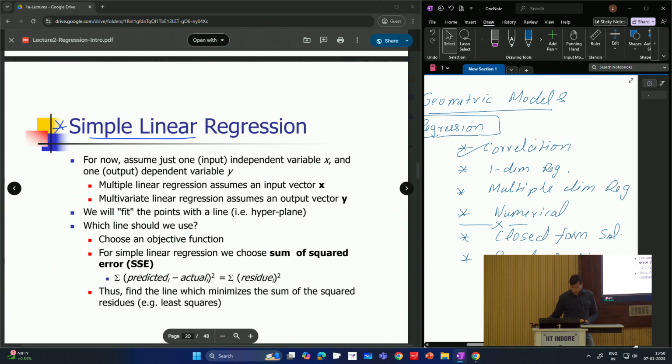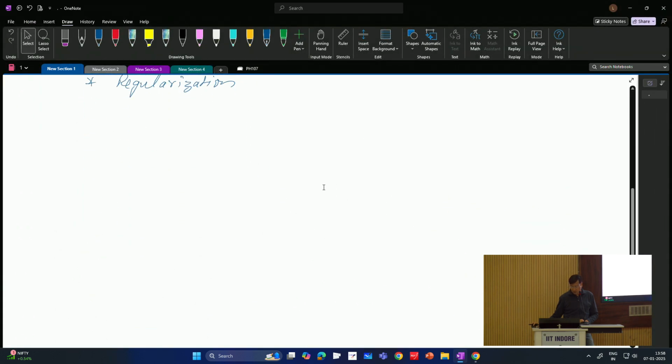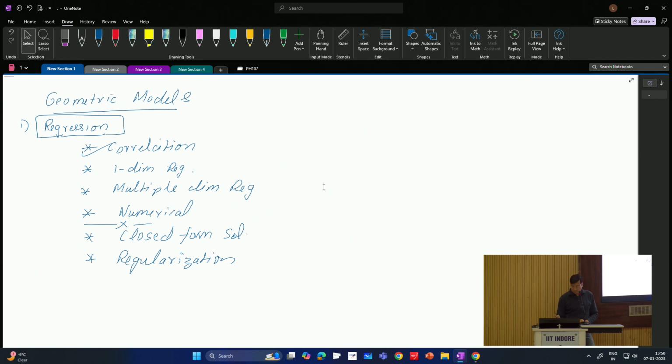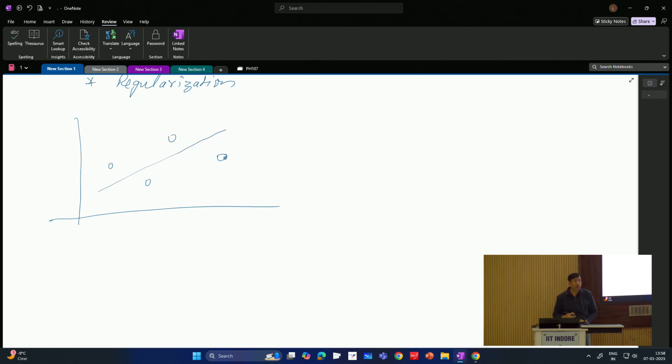Okay, now before I tell you about the sum of squares, I'll make this slightly bigger so that you can see. Let's say these were my points, and this is the regression line which I'm trying to identify.